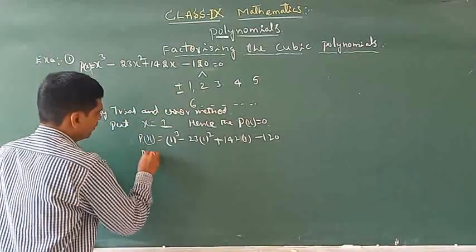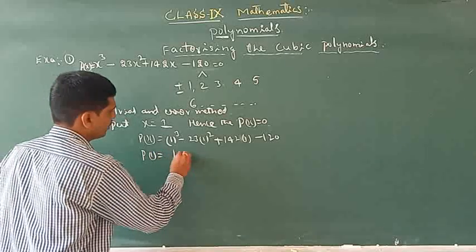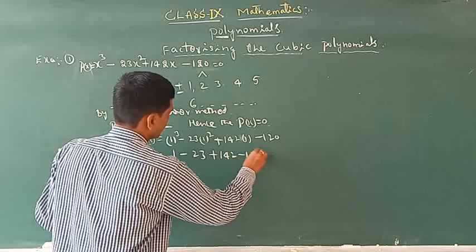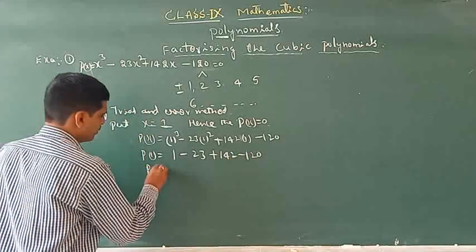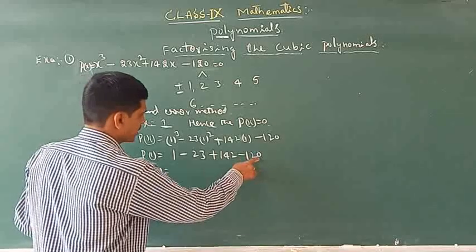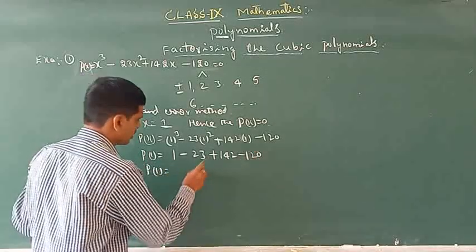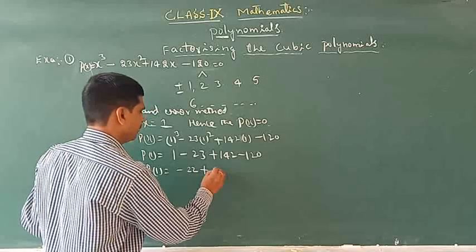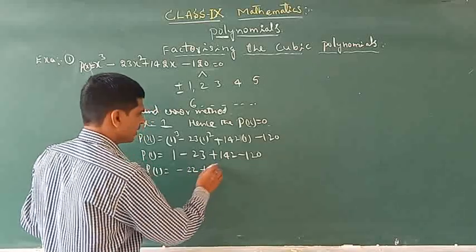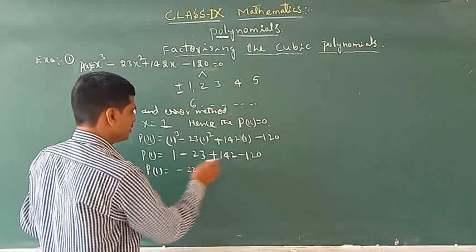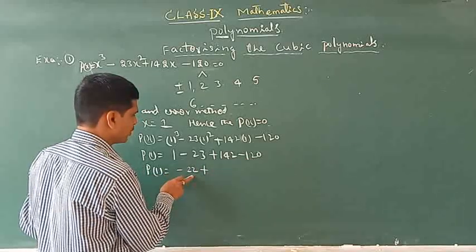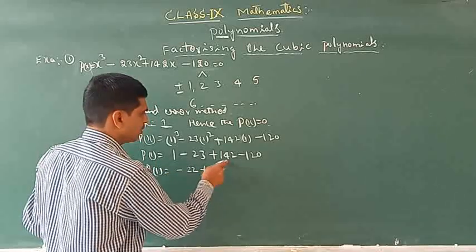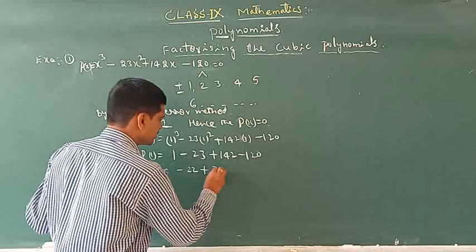So p of 1 is equal to 1 cube, means 1, minus 23 plus 142 minus 120. On simplification, 1 minus 23 means minus 22, and 142 minus 120 means it is plus 22.